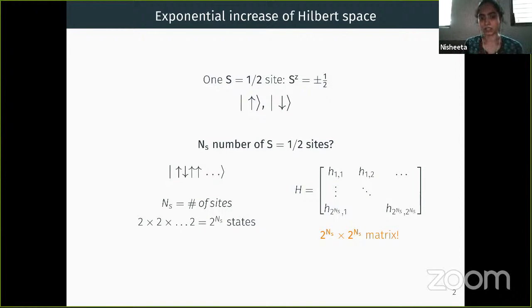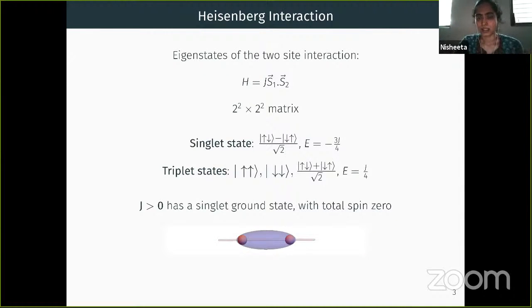You have 2 to the Ns states in the Hilbert space, and a Hamiltonian is an exponentially growing matrix to diagonalize. So now, if you have just two sites, as an example of a Heisenberg interaction between just two sites, it's a 4x4 matrix to diagonalize, and you get 4 eigenstates.